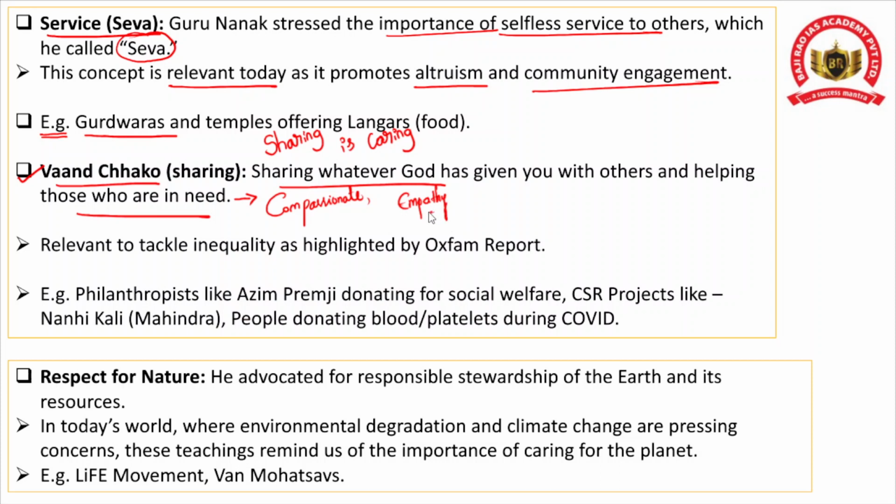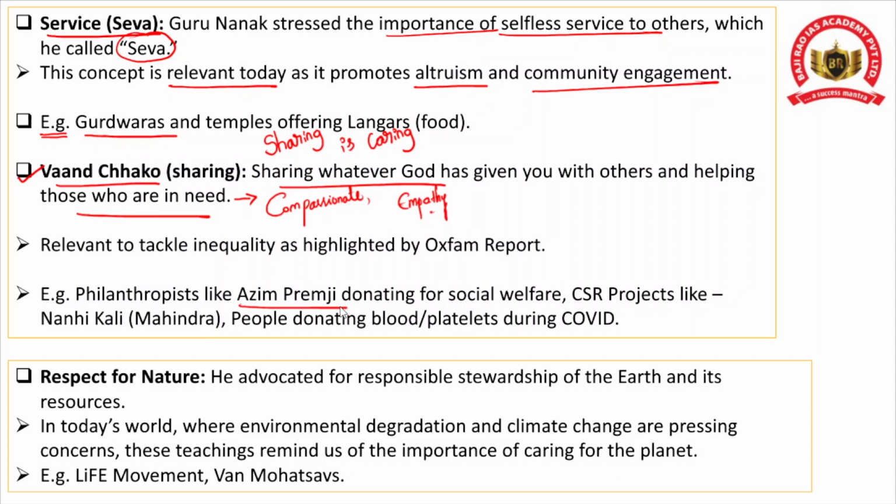We can give examples of philanthropists like Azim Premji. He donated for social welfare. In fact, he donated around $1 billion worth of shares for the education of the girl child and of people living in rural areas.